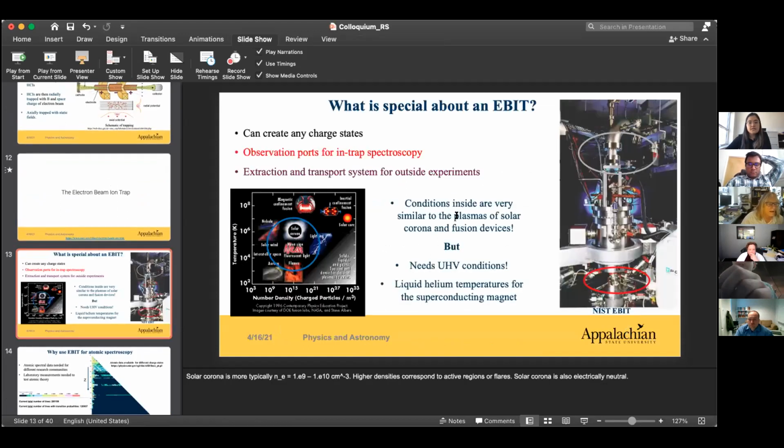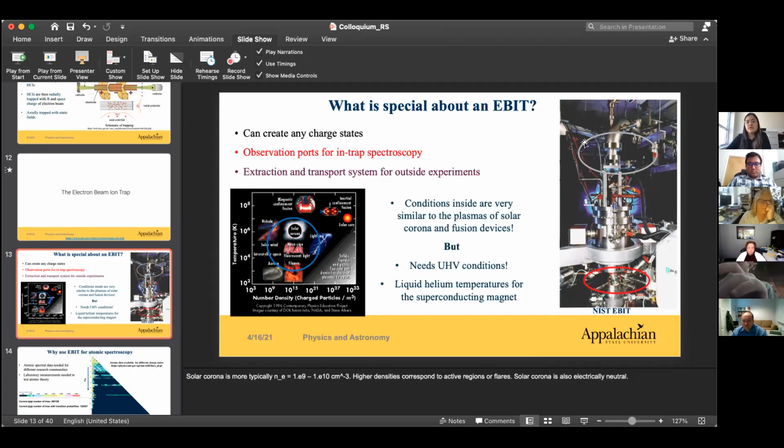So what's special about an EBIT? I told you that we can create highly charged states, and the plasma emits radiation, and this radiation can be in different wavelength regions. This is a picture of the NIST EBIT, and this is where the trap is, and you can see that there are many output ports. Based on what wavelength you are interested in, you can install different detectors and spectrometers to measure the radiation.